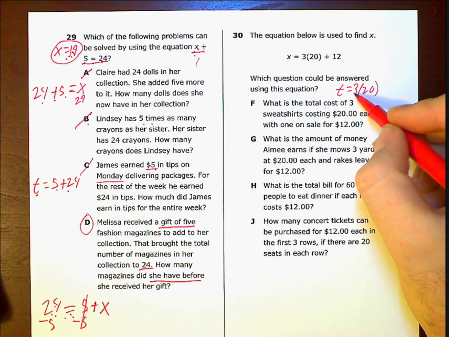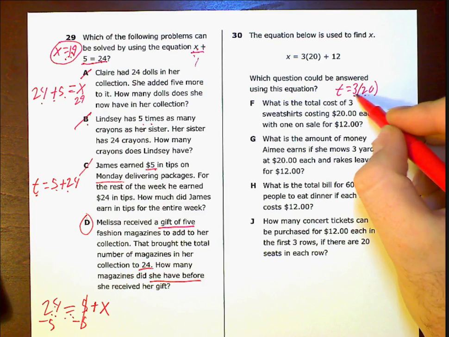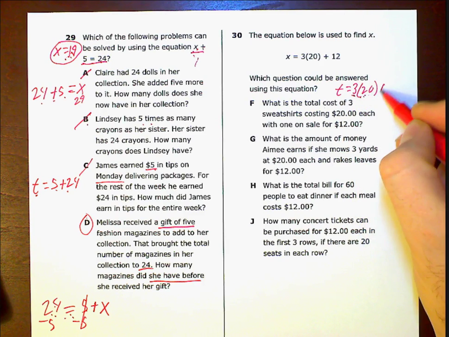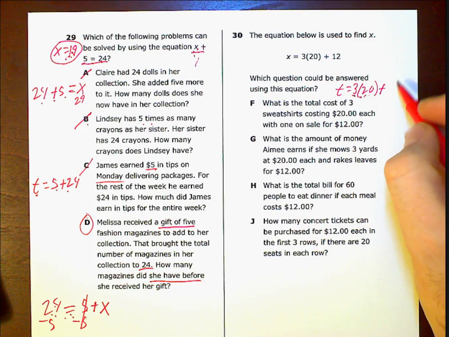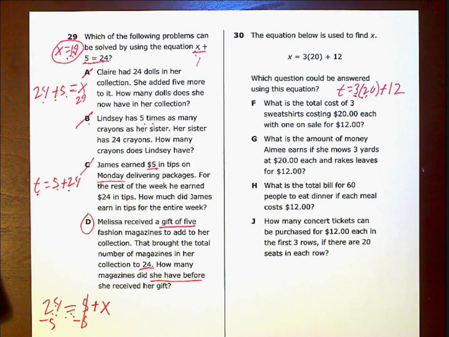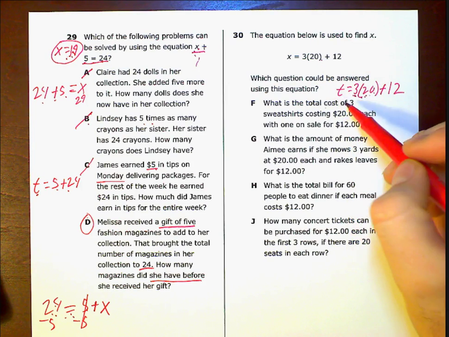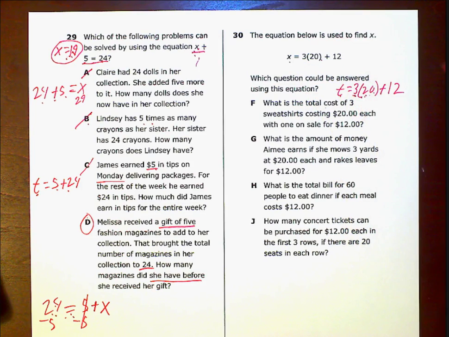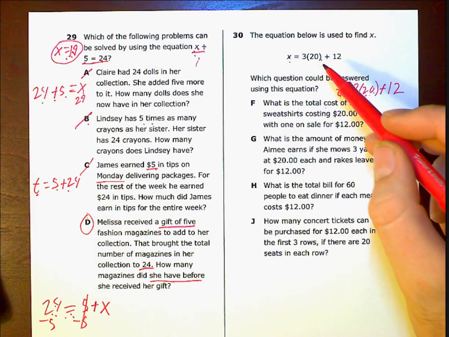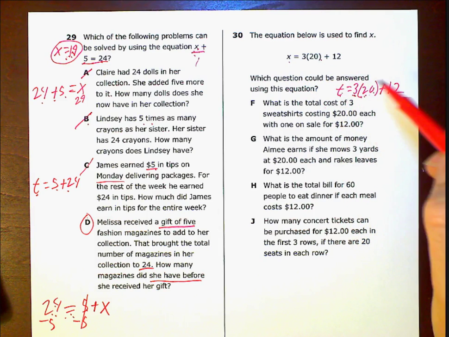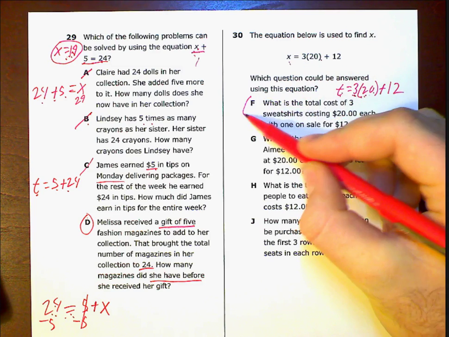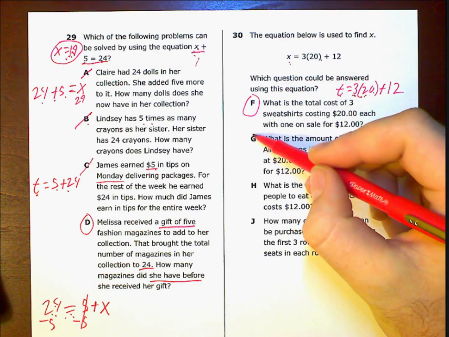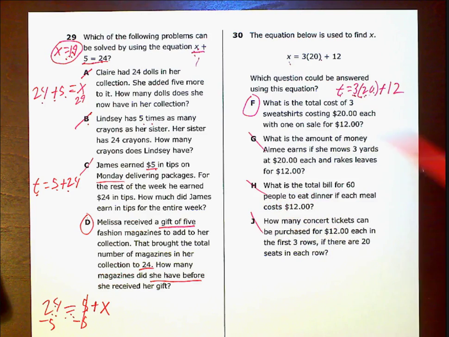So we have 3 times 20 plus $12, the price of the one that was on sale. Well, that matches what we have up here, except they chose a different variable, which is okay. You can use whatever variable you want to. I just use T for total cost. x is just as good. So F is the right one on here. Go ahead and cancel all these because part one's right.